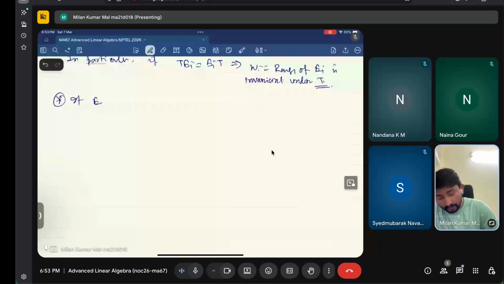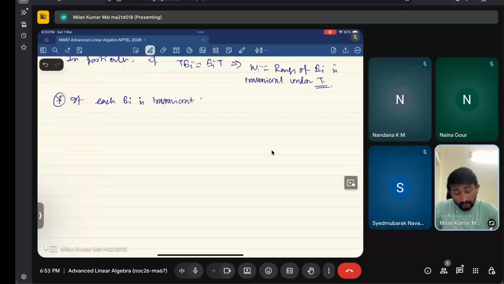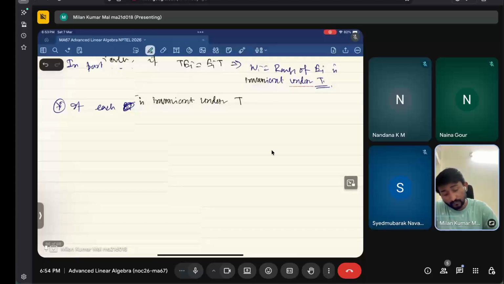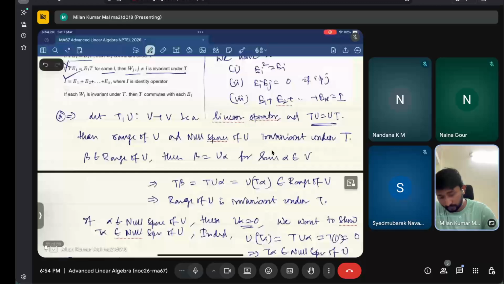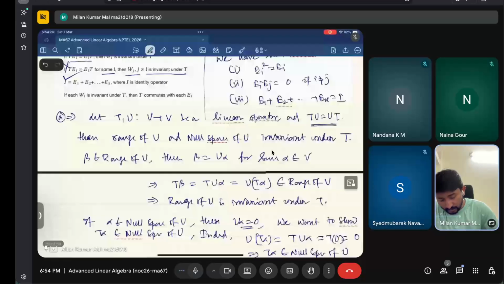If each Wi is invariant under T, then T commutes with each Ei.